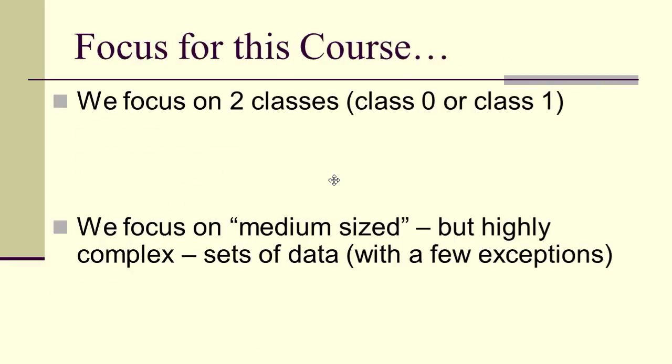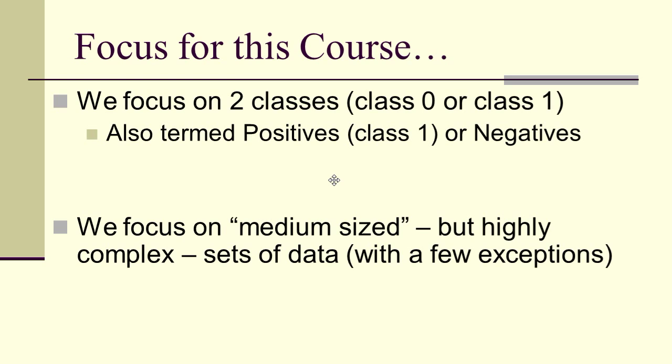For this course, we're going to only focus on 2 classes, and we're going to focus on medium-sized but highly complex sets of data. There are a couple of reasons for this. First off, we'll also call classes positives or negatives. So we'll have, say, a class 0 or class 1, or we'll say positives or negatives.